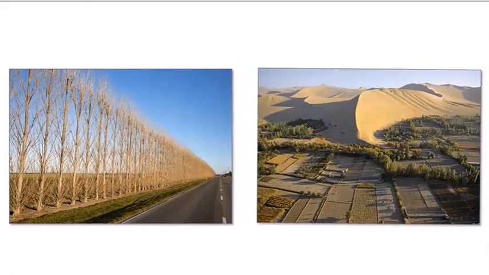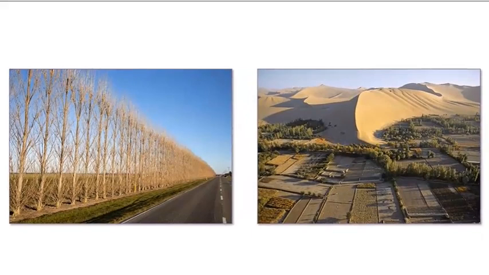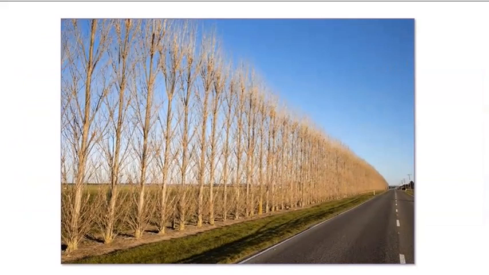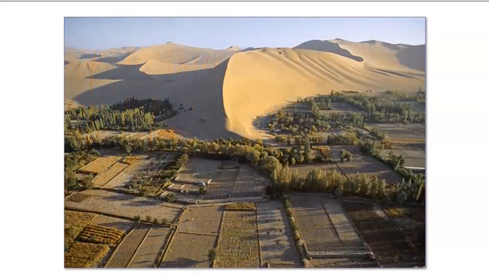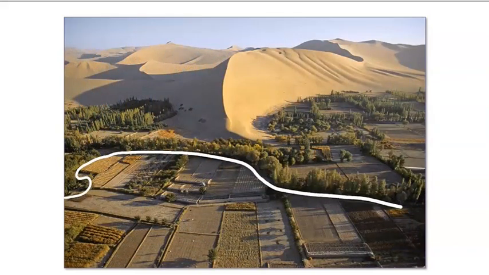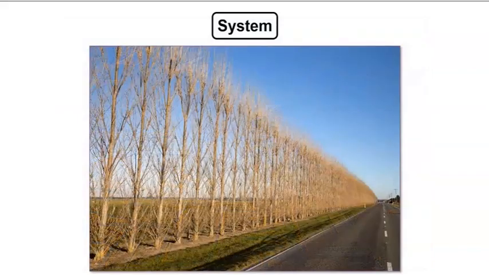Look at these two pictures. What do you notice? This picture shows trees between farmland and a road in a straight line. And this picture shows a lot of trees between farmland and large hills of sand.